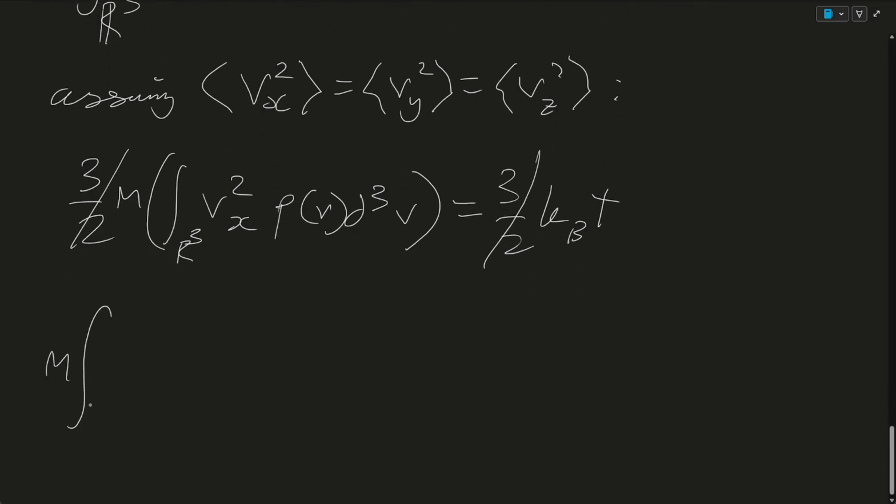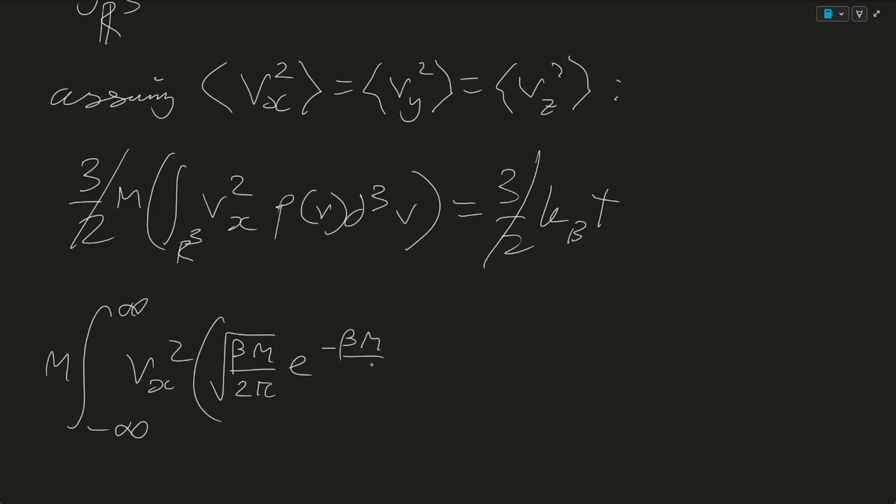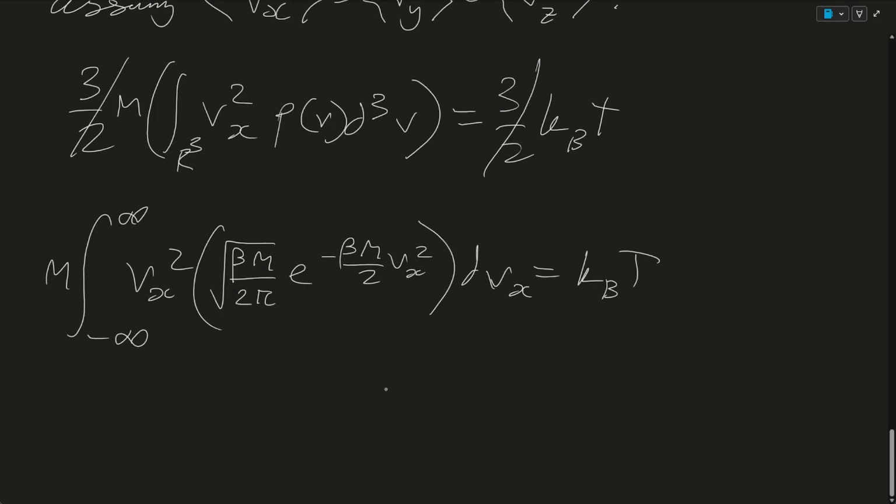So m times the integral from minus infinity to infinity of vx squared times e to the minus beta m over 2 vx squared dvx equals kBT. Right, I'm happy with that.